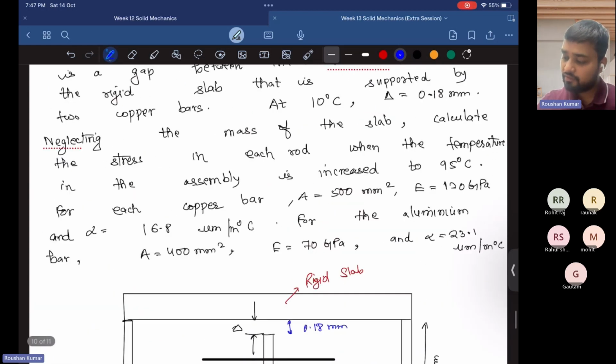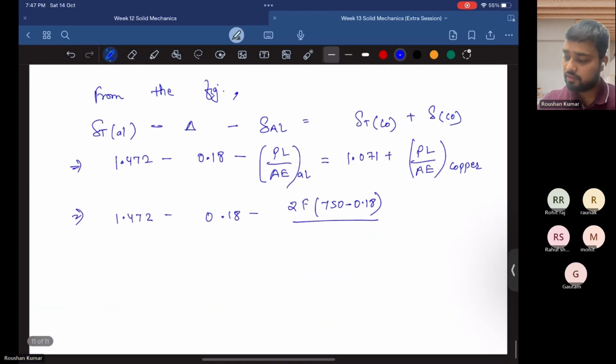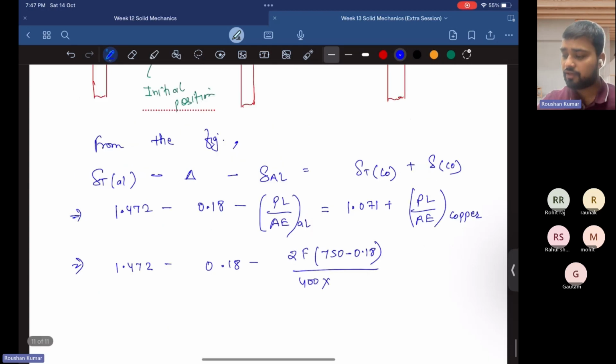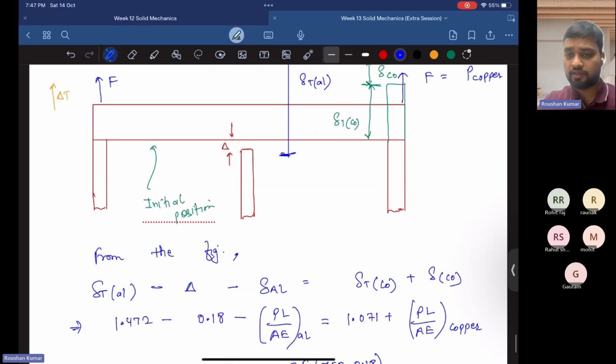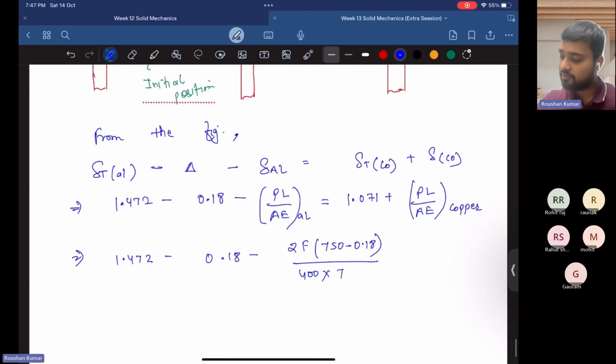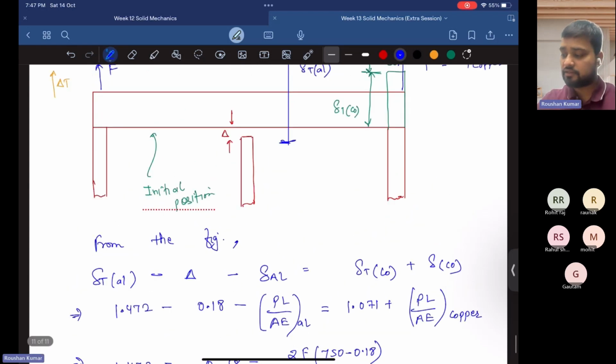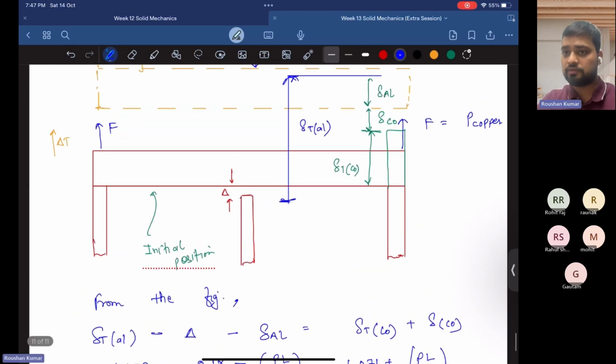Area of the aluminum bar is 400 mm square, and Young's modulus of the aluminum bar is 70 gigapascal. So we have to convert it into megapascal, and it is 70 into 10 to the power 3, which is equal to 1.071 plus load.